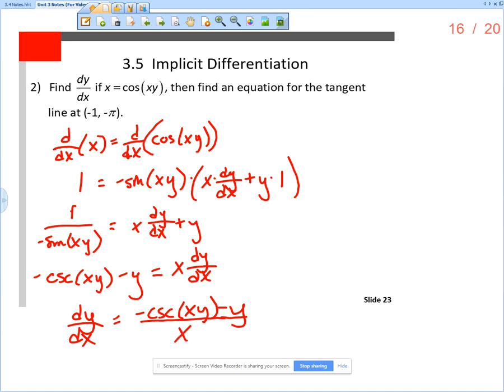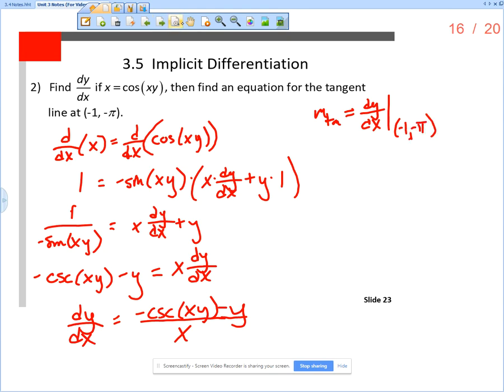Now, depending on your algebra here, like I said, we could have distributed the negative sine of xy and then solved a different way. So depending on the algebra that you used, your answer might look different. But actually, in this problem, it doesn't really matter because I have the point and now I want the slope. Remember, m tan is going to be dy/dx evaluated at the point negative 1 comma negative pi.